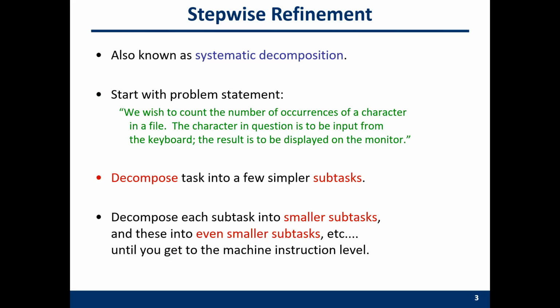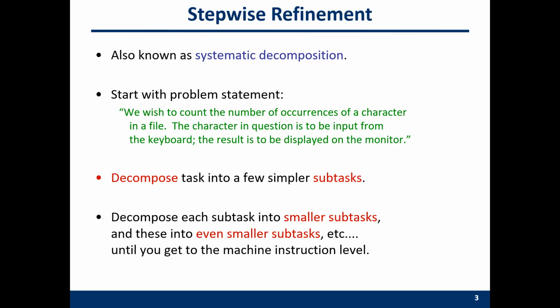When we have a very large problem, we need to understand the problem first. Here is one example. We need to count the number of occurrences of a character in a file. The character in question is to be input from the keyboard, and the results will be displayed on the monitor.